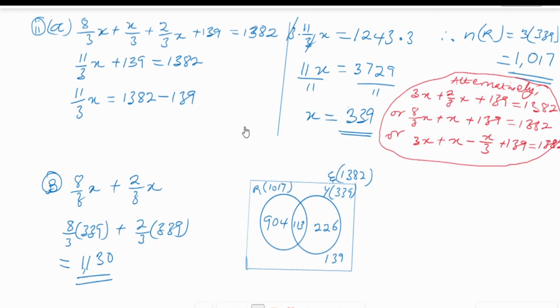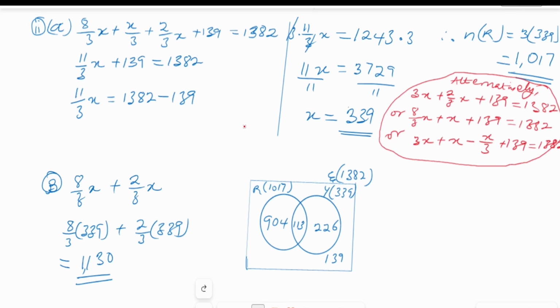For example, 904 plus 226. That will give us the 1130 here, which are the regions for those who like only one type of food. And also, this is the number that like rice. So that ends us on the A.